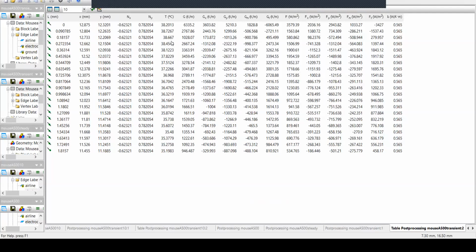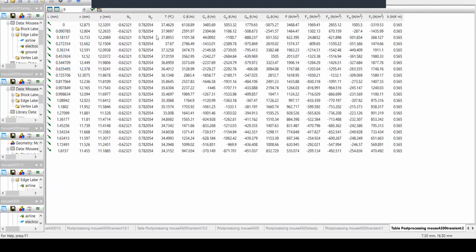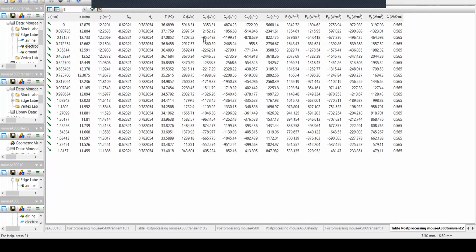And then we can see where the highest temperature is. So we found it, and we can see what happens in this location over time.